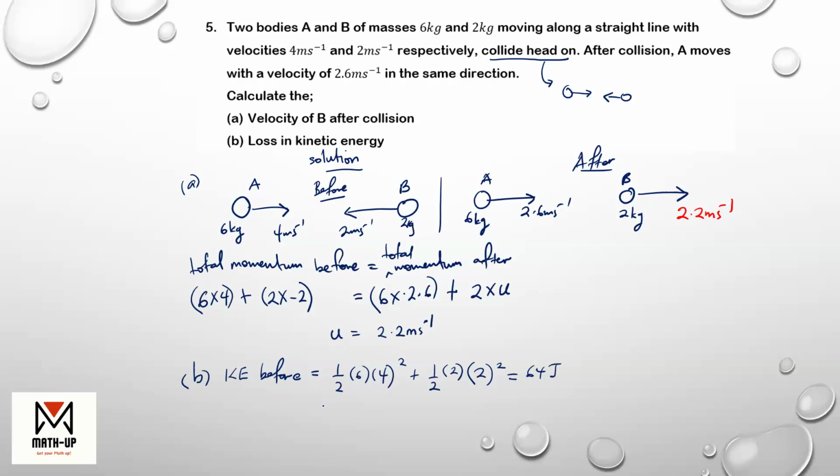That's what happened before. Then the kinetic energy after is going to be a half of 6 times 2.6 squared plus a half of 2 by 2.2 squared.